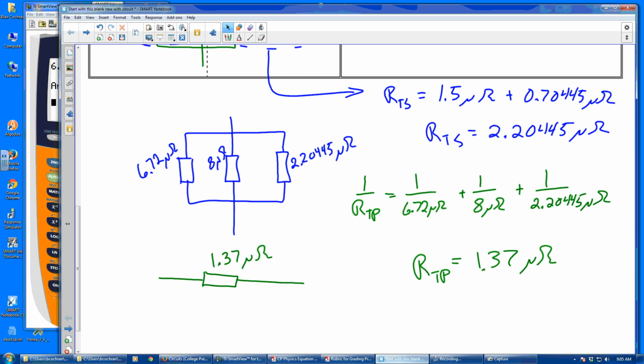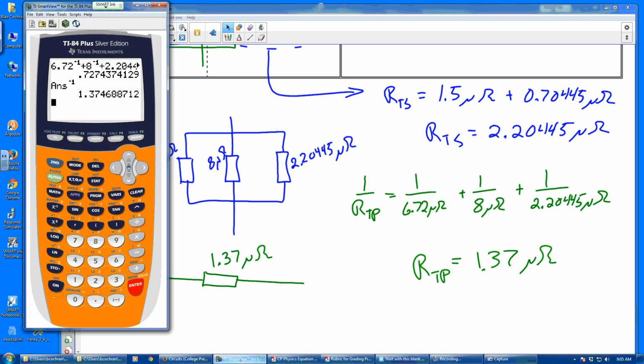Because remember, from my calculator, this intermediate that I didn't write down, 1 over RTP for me, equaled 0.72743741129. And then I did 1 over that to get my actual value for RTP. But you might get a number less than 1. I should check mine.